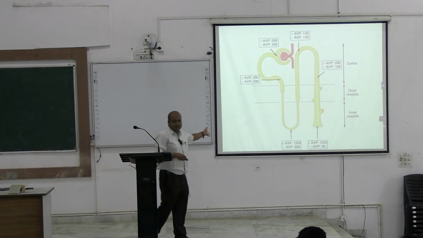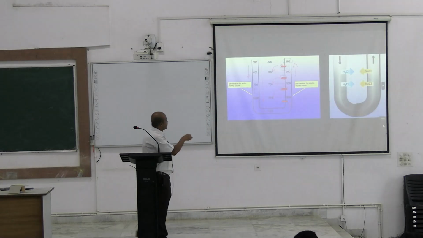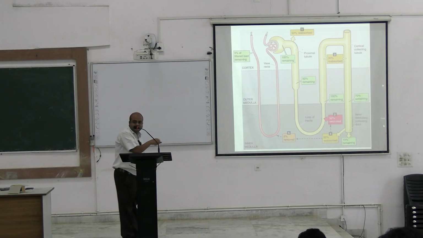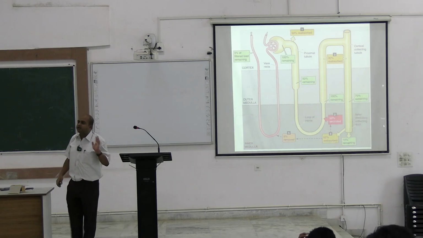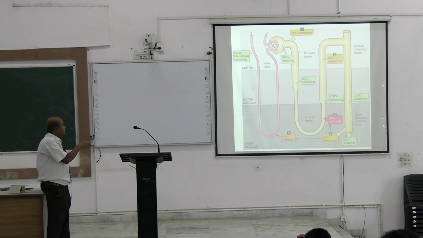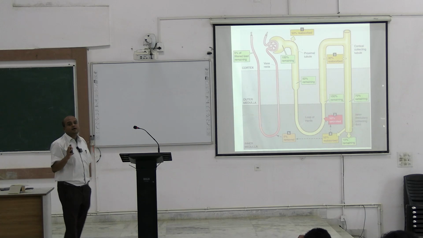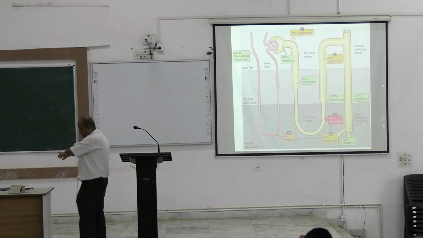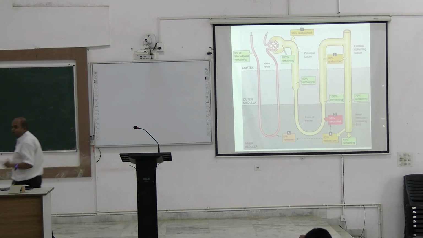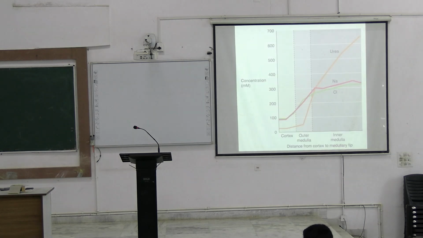AVP is nothing but ADH itself. So in which parts AVP is working and how it is working. Urea: passive reabsorption through UT1, UT3, as well as under the influence of ADH in the inner medullary collecting duct. This is urea transport, but at least remember urea has a role in creating the hyperosmolar medullary interstitium.